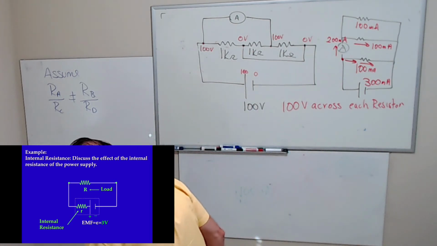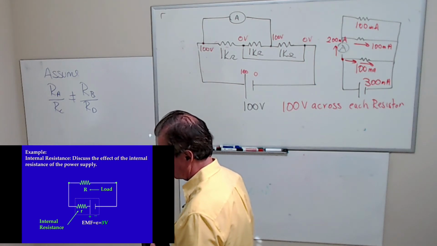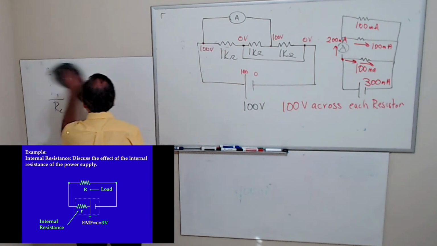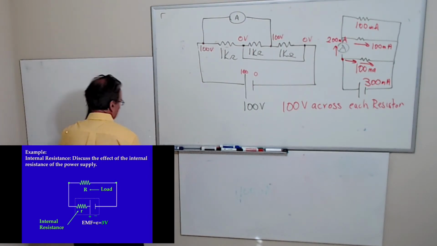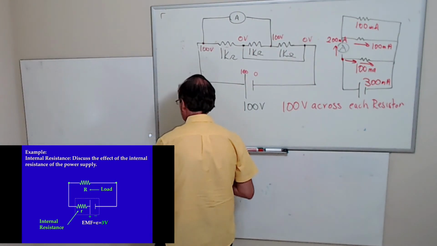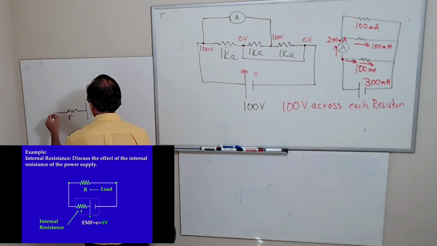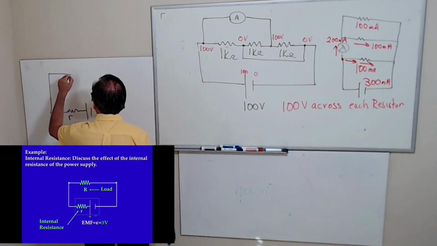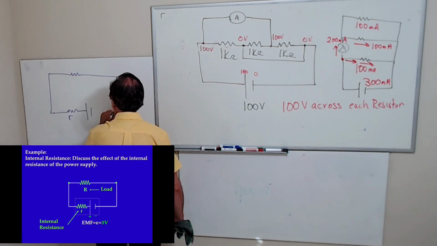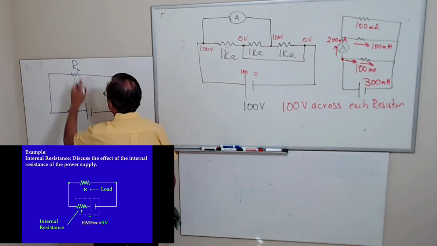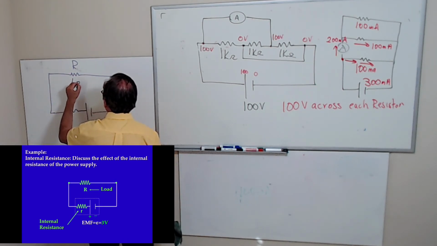Sometimes the wording in describing these kind of gets in the way of understanding. So here's a power supply or battery, and here's my internal resistor, r. This is the load. I'll just put R. This is your load.